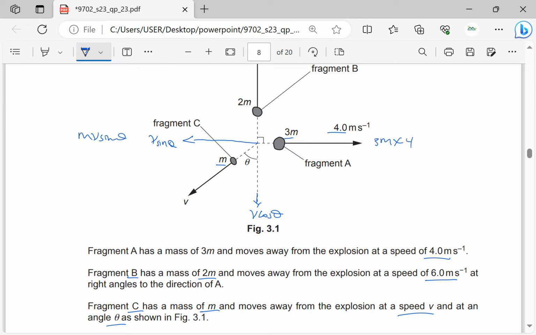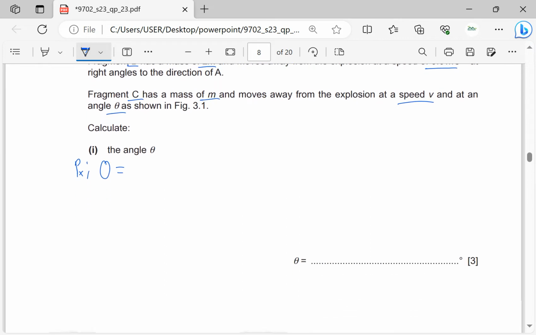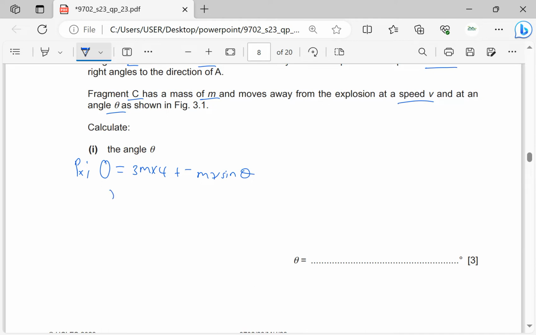They're in opposite directions, so one must be positive. So we shall say 3m times 4 plus negative mv sine theta. In other words, we can simply say that v sine theta is equal to 3 times 4, because m cancels out. So this is going to be equal to 12. That is one equation.